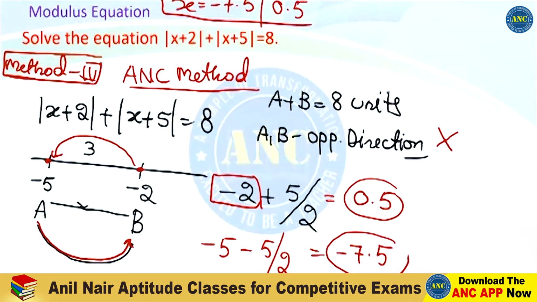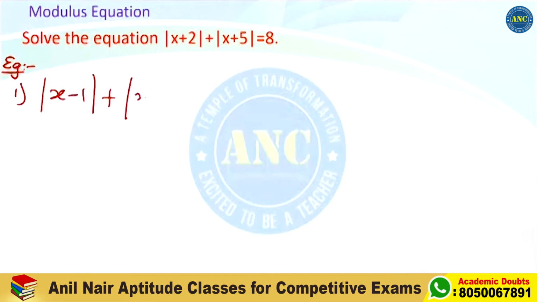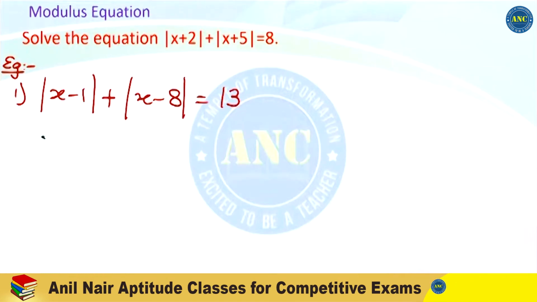Now see here, mod of x plus 2 plus mod of x plus 5 equals 8. Now see carefully. Suppose some more examples. Mod x minus 1 plus mod x minus 8 equals 13.